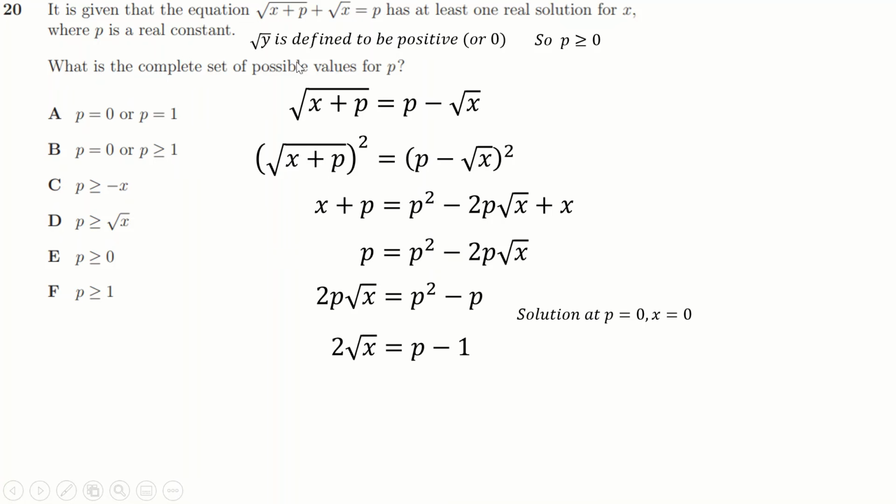Well, again, notice this thing at the top here. This is defined to be positive. I mean, root x is, and then when you times it by 2, that's still positive, which means this must be positive. Which means p can't just be any positive number. p has to be bigger or equal to 1, because this has to be positive.